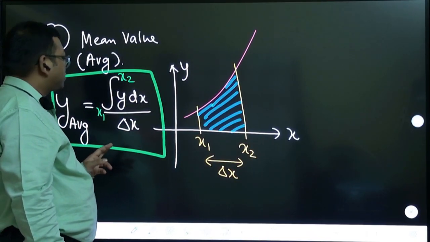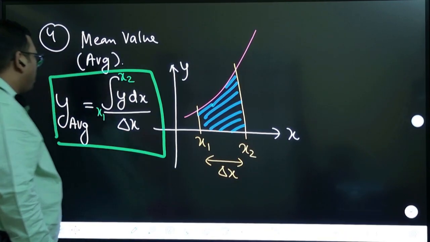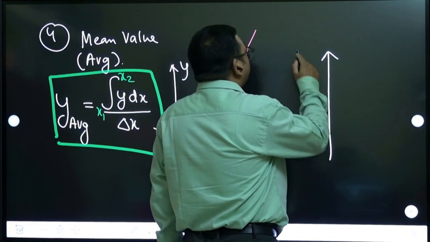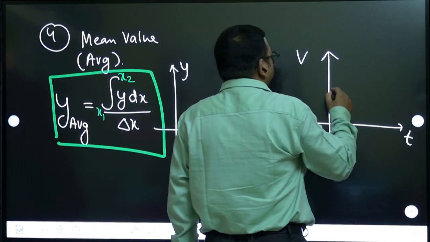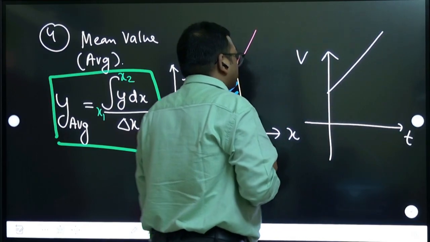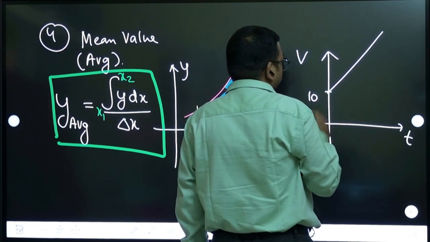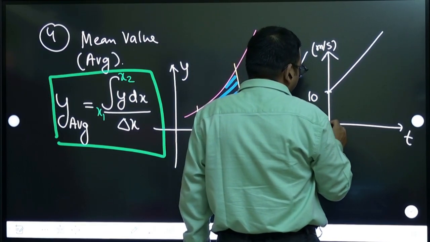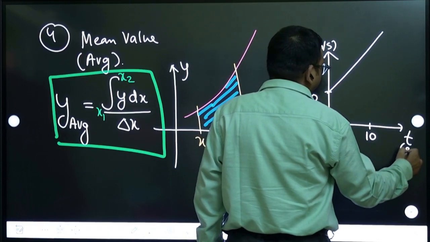Suppose they give a velocity time graph, and let us say the graph is given like this. Initial velocity at time 0 is 10 meter per second. Velocity is in meter per second, and they are asking from time 0 to time 10 second.